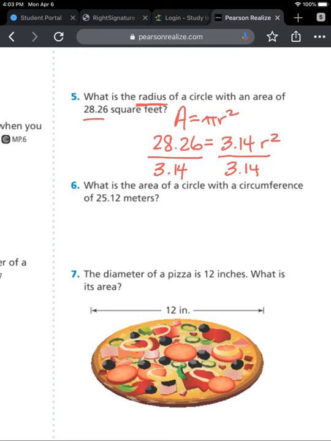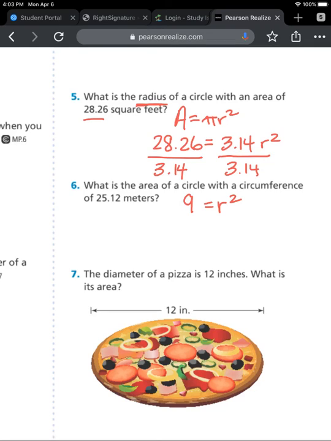And the answer I had was 9. So 9 equals r squared. So I don't have to know too much about square roots or squares to know what number squared is 9. Well, that's 3, because 3 times 3 is 9. So that means the radius must be 3.